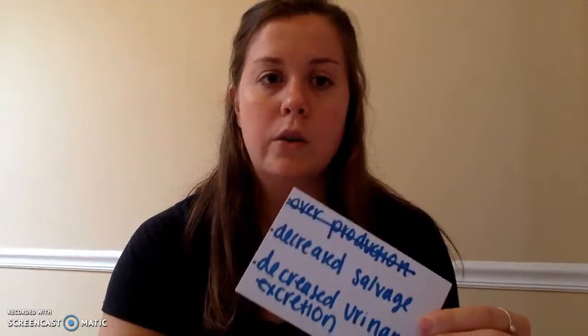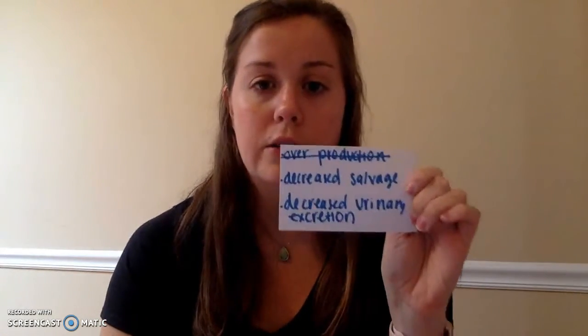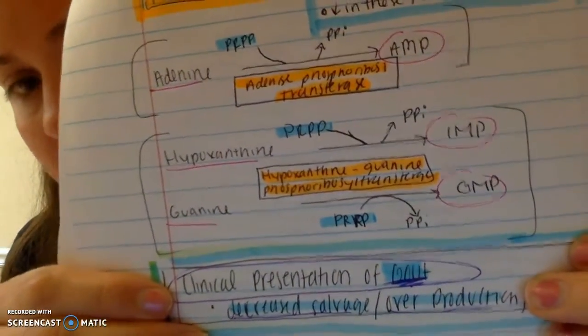Okay. So now the next option is decreased salvage of purines. And I think that this is the best answer. So I have another sketch here as well. This is how normal purine salvage would work, right here.